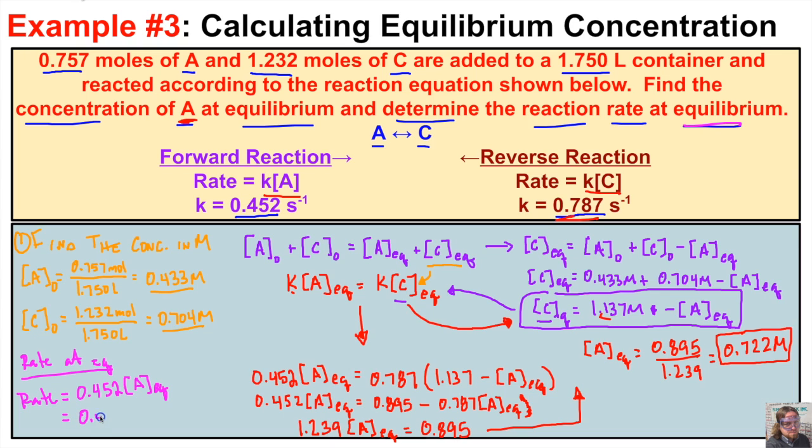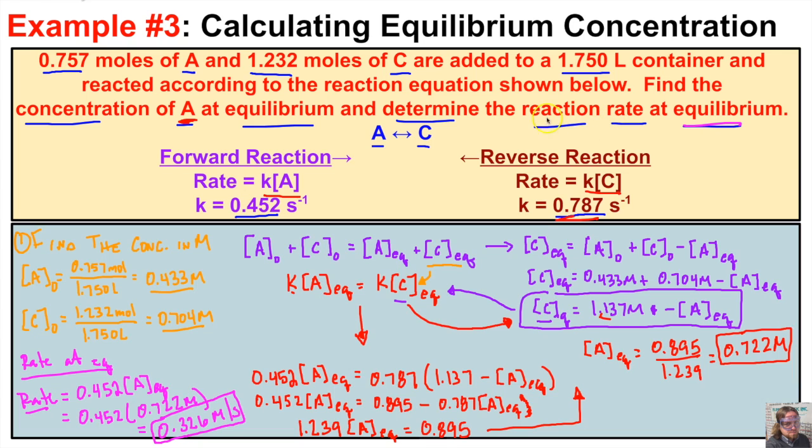So 0.452 times 0.722, and we're going to end up with 0.326. And since this is a rate for chemical reactions, it's usually going to be expressed in molar per second or moles per liter per second.